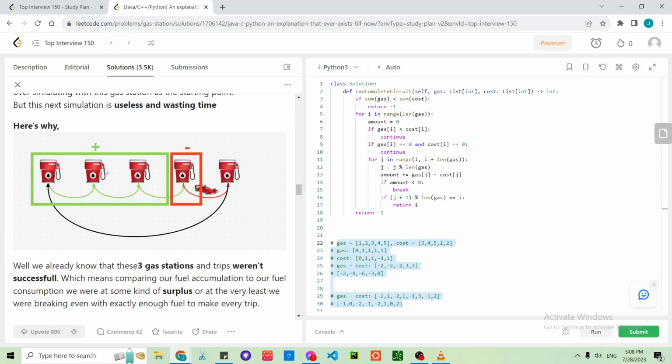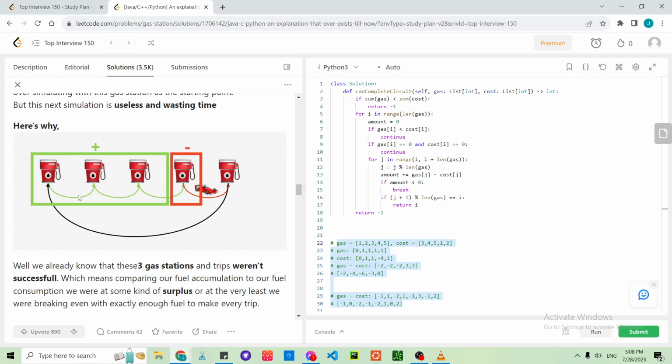Okay, let's look at this again. So if we start here and imagine we can reach this one, this one, this one, but we're not able to reach that one, that means if we had started here, we would not be able to reach that one either, because this part has to be 0 or positive.